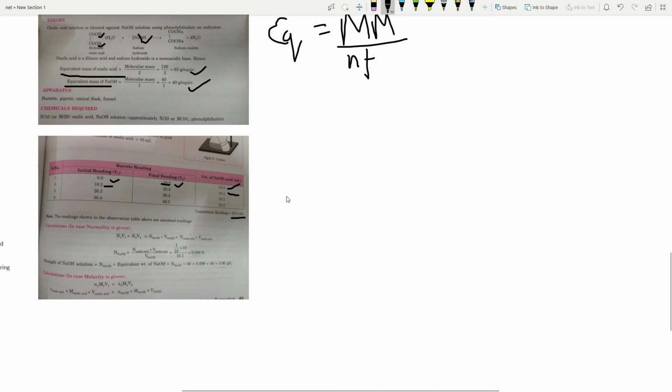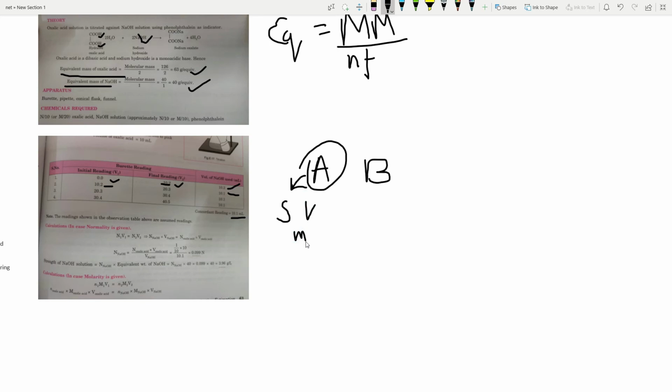So what I have told you about A and B: A is the standard solution, so you know its strength, its volume, its mass. For B, you need to find its strength, and for that you need its volume. So you have got the volume of NaOH.